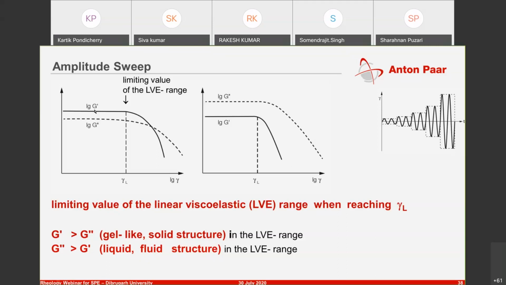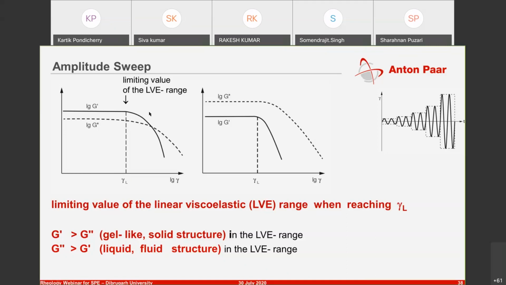And this region where you have G prime not getting affected by your strain amplitude is known as the linear viscoelastic range. And here you start to yield, and then once you see that there's a drop, and the G double prime, which is the loss modulus, is overtaking your G prime, there you have the crossover point, which also indicates the point where your material starts to flow.